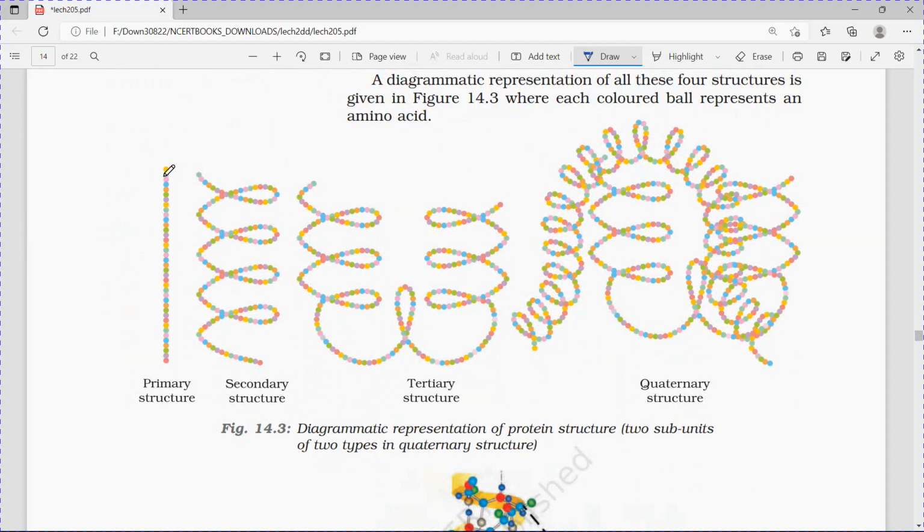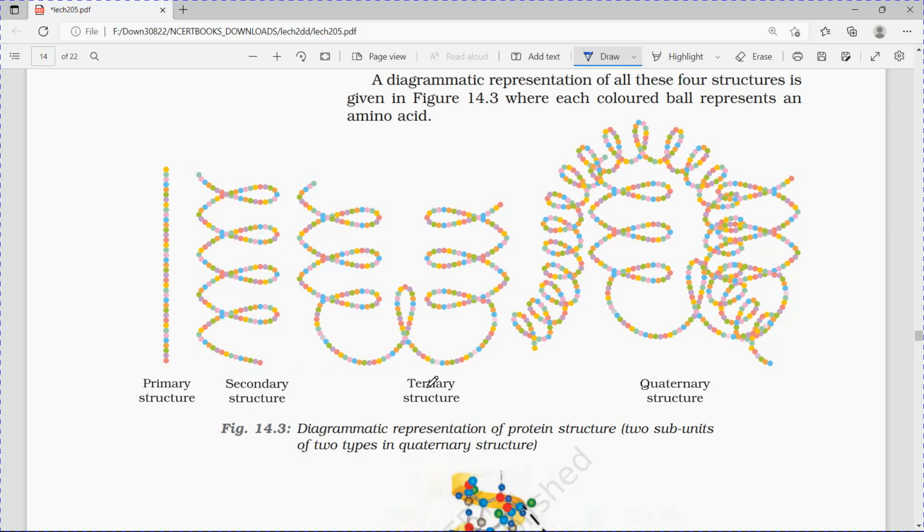Primary structure is the arrangement of amino acids in a simplified structure. If the primary structure is coiled, it is called a secondary structure.